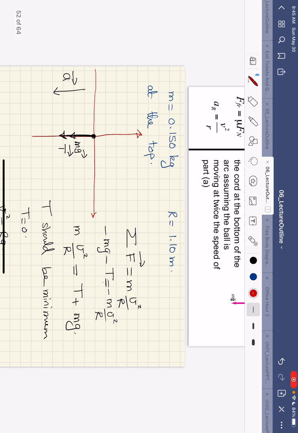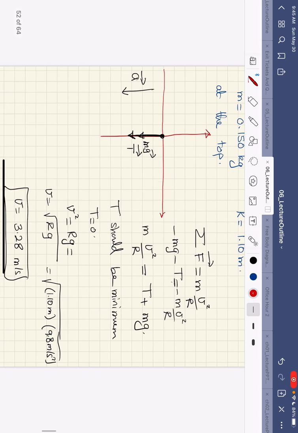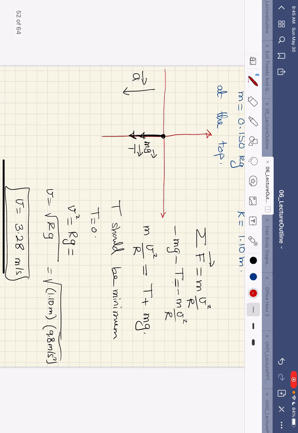Now, I will draw the free body diagram at the top. Sigma F, of course, should equal m v squared over r. I have the forces, both of them negatives, and the acceleration is in the negative y direction. This is the reason why I added negative mg, negative T, negative m v squared over r.